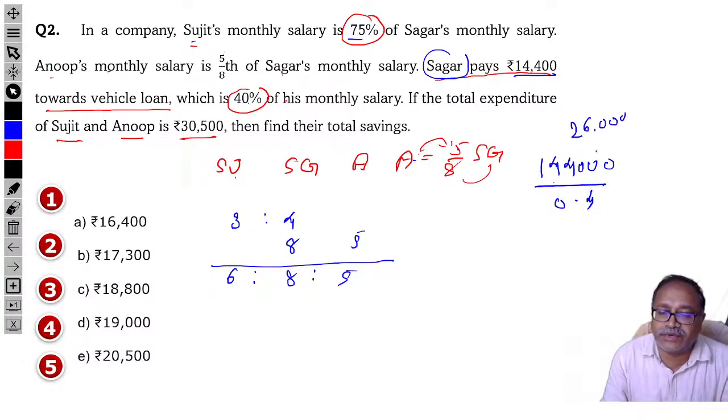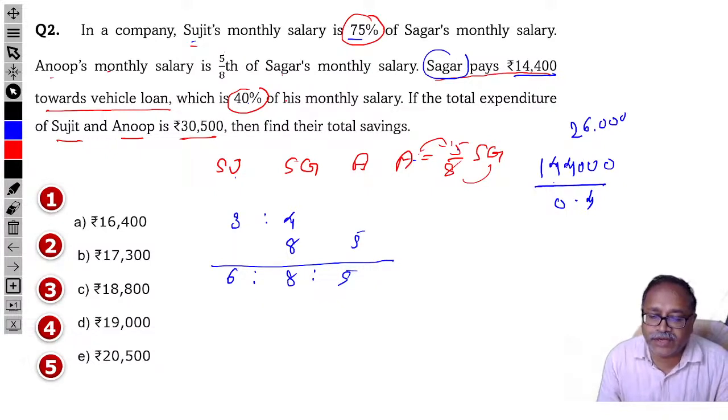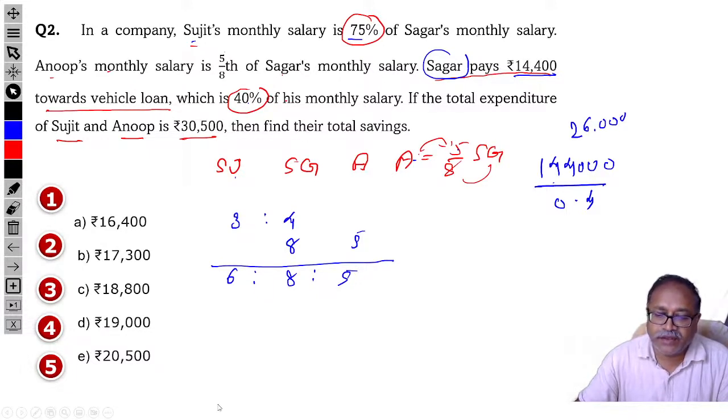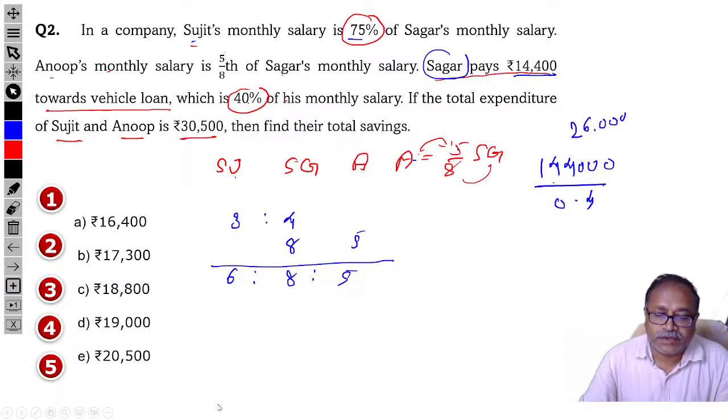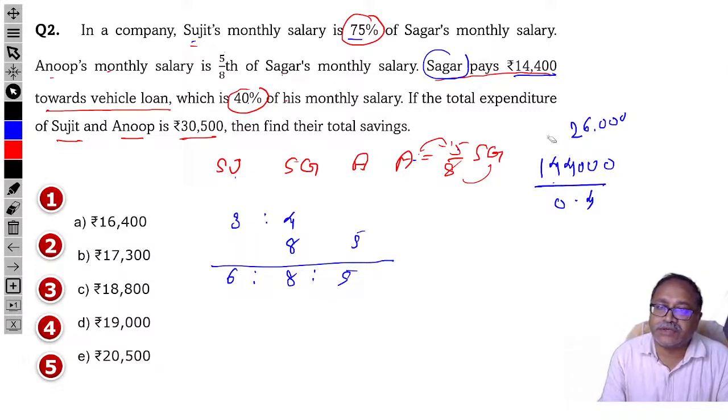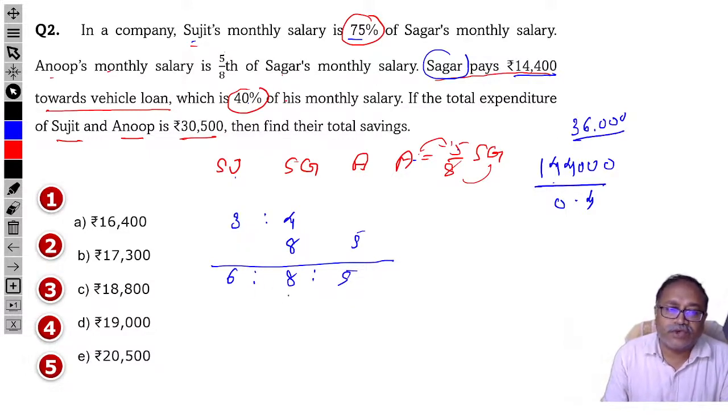So that's how you are getting 36,000 as the salary of this person. So we know that this 8 part is 36,000.